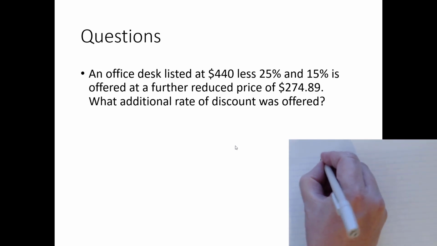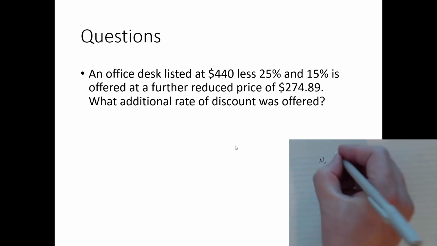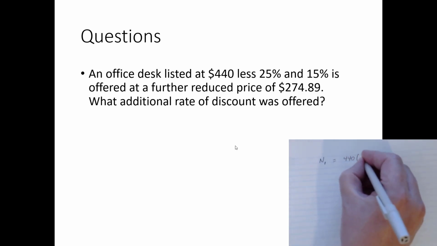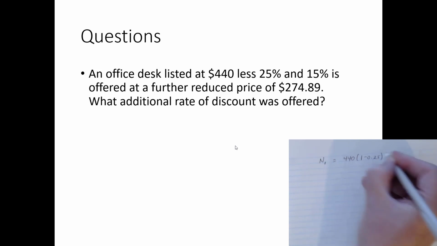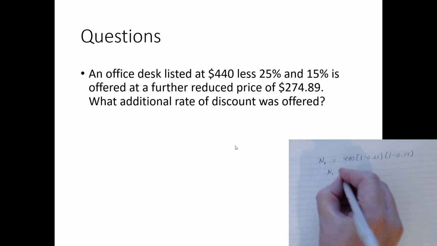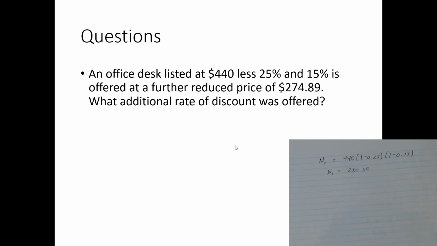Okay, so my net price, the first one, I call it a little subscript N1 in BATS. So I have my list price of $440, apply the two discounts of 25% and 15%, and I get a net price, first one, of $280.50. Okay, so now I'm going to reduce that $280.50 by a discount rate to get to $274.89.